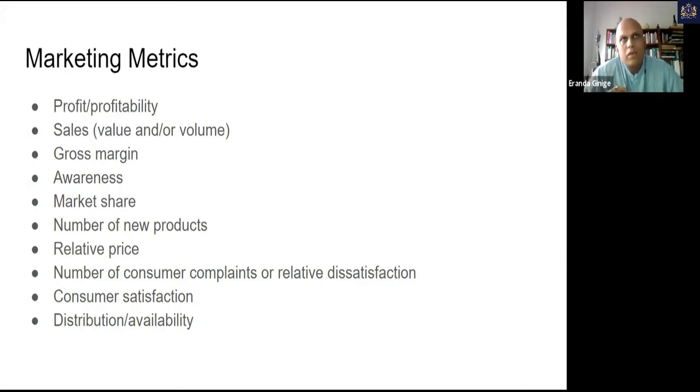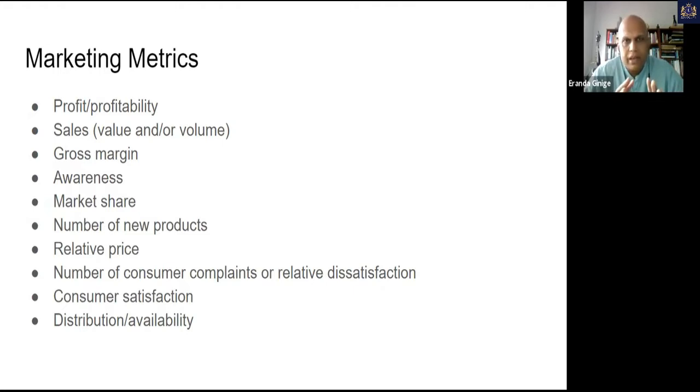As part of your marketing campaign, if you were able to sell the product at a higher margin, for example, if there's a price increase or something like that, were you able to create a higher margin from the same product as a result of your marketing activity? So that's another metric.